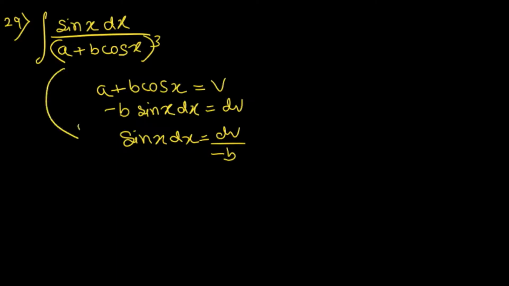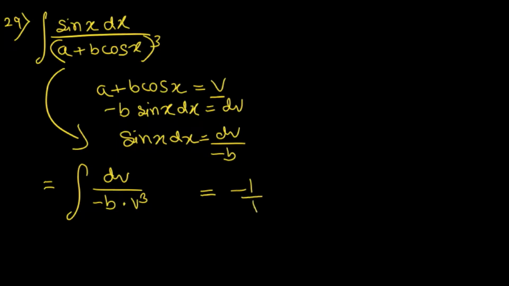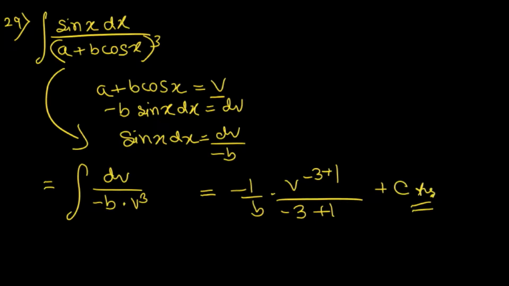So this term is equal to integration of dv by minus b, and a plus b cos x we have considered as v, so v cube. It gives minus 1 by b into v to the power minus 3 plus 1 by, this is the corresponding answer.